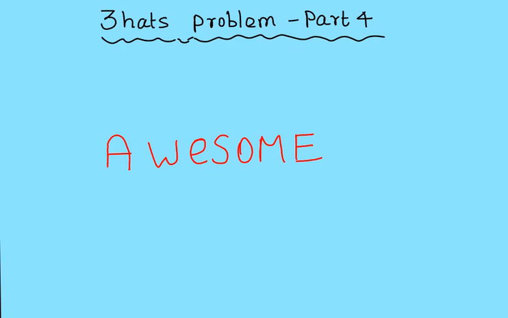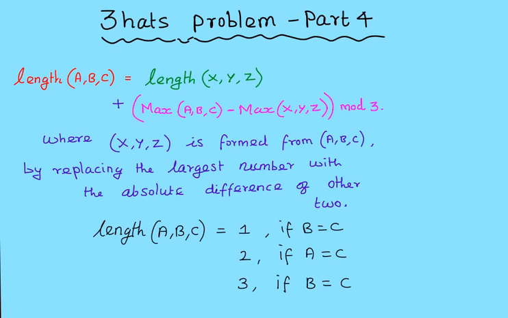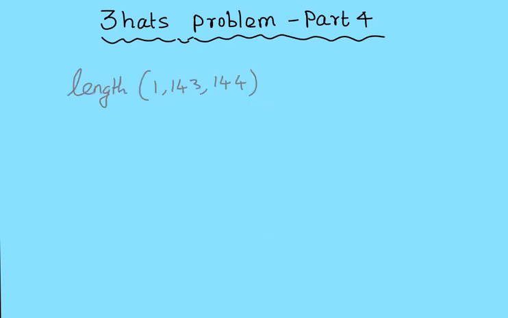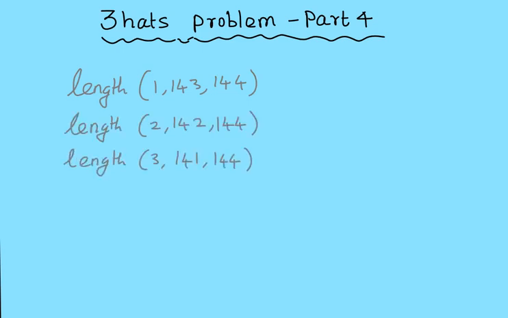Now coming to the problem, using this simple recursive equation, we can calculate the conversation length of all possible cases, from 143, 144 to 142, 144, 3, 141, 144 and so on up to 143, 144.